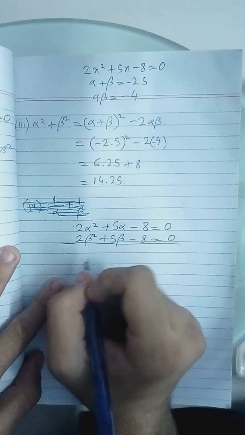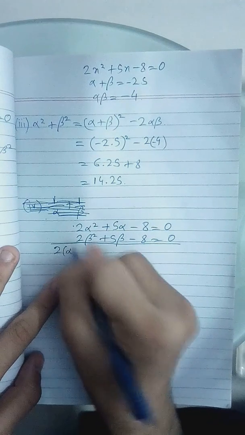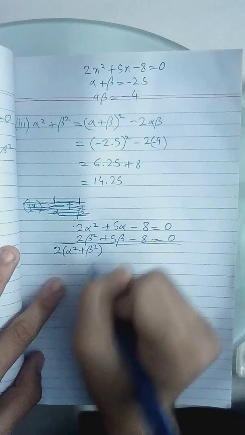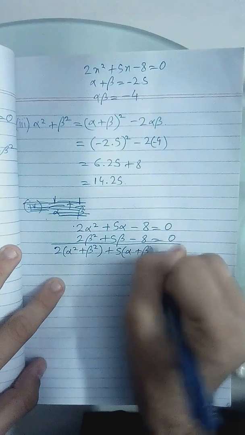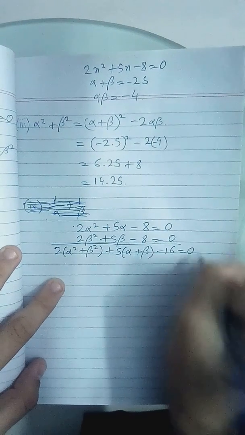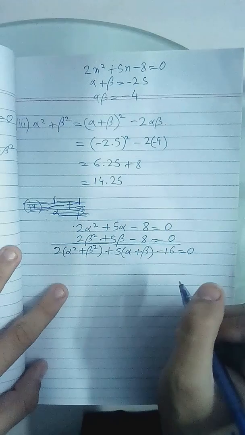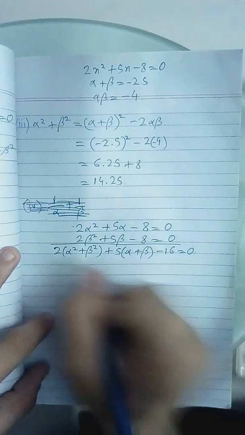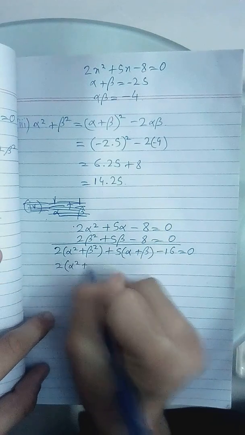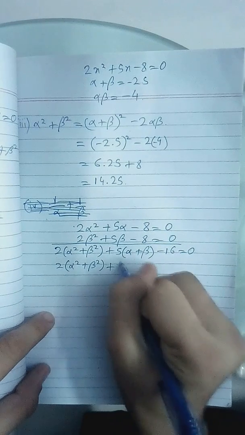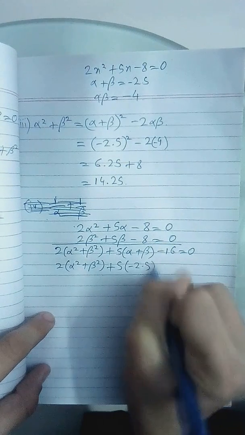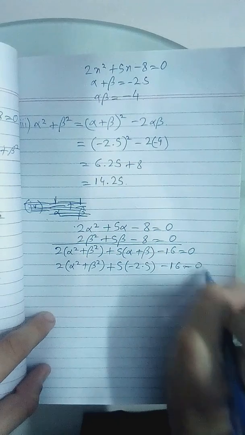We will add both of them. Plus 2 alpha square plus beta square plus 5 alpha plus beta minus 16 equals 0. We are getting 2 alpha square plus beta square plus 5 multiplied by minus 2.5 minus 16 equals 0.